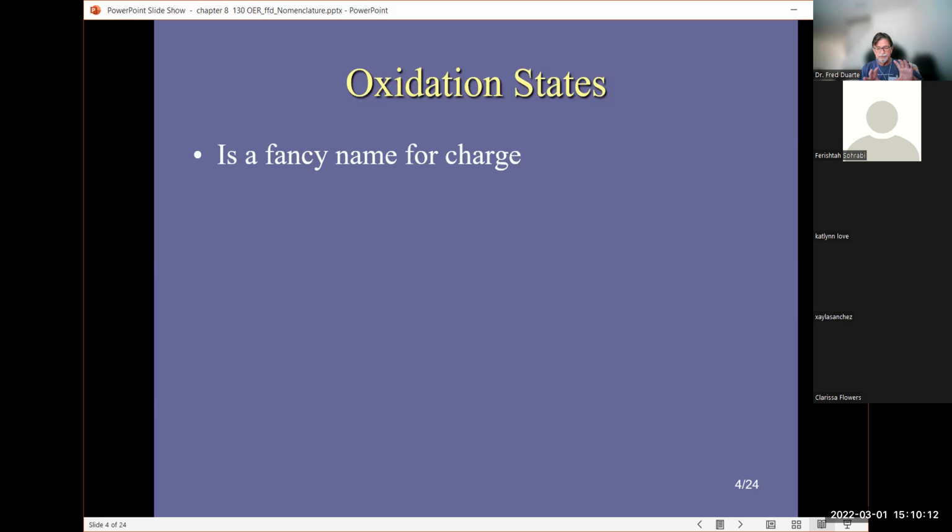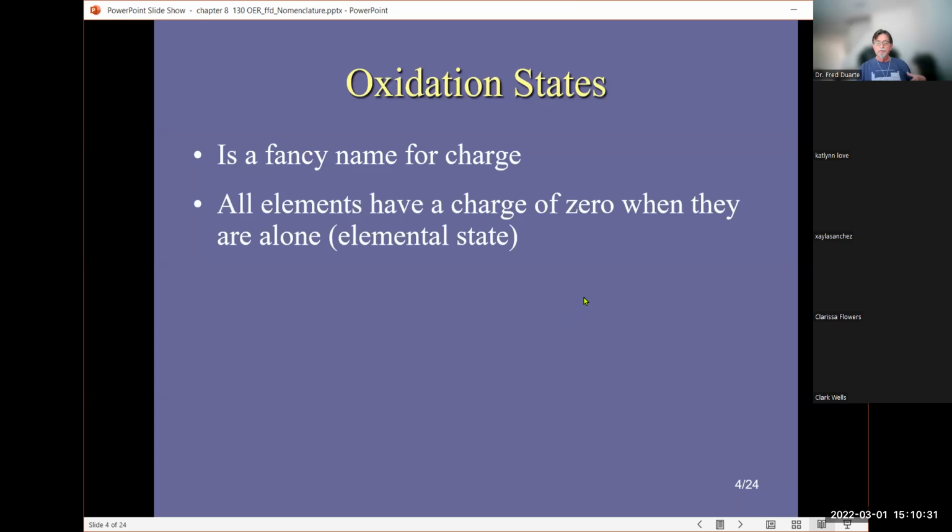The term used to describe the charge, be it an ionic compound or a covalent compound, is oxidation number. Everybody in group 1 has an oxidation number of +1. In group 2, the oxidation number is +2.